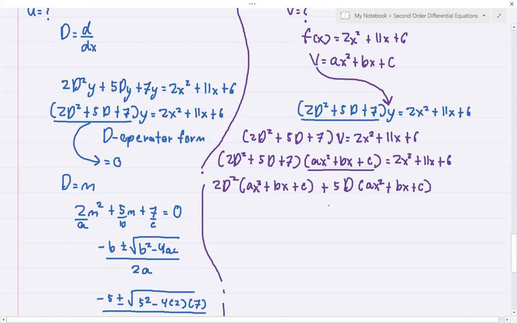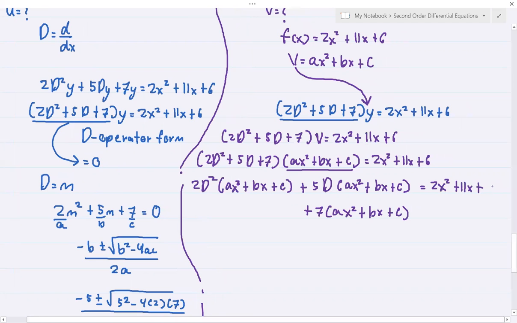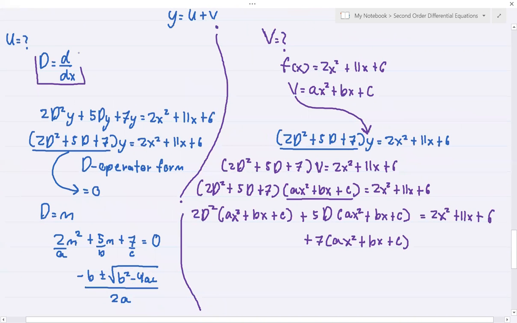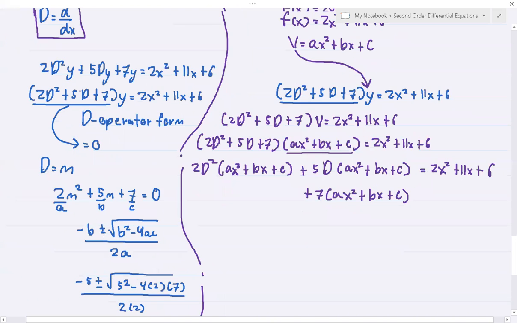Then lastly, we have plus 7 times ax squared plus bx plus c is equal to 2x squared plus 11x plus 6. There you go. And remember that your d is equal to d all over dx.